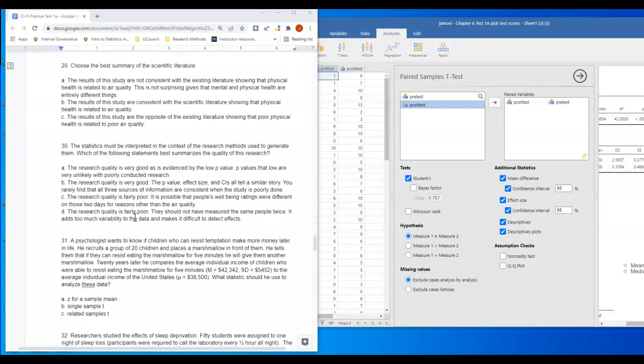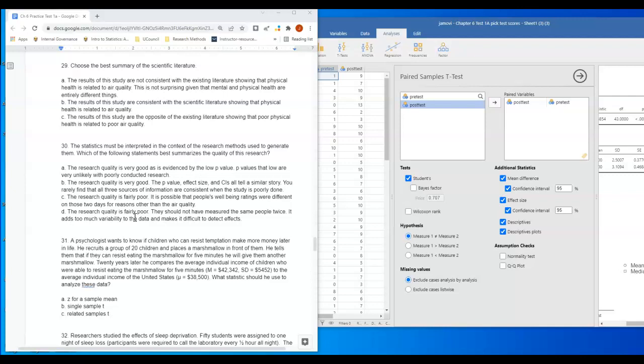All right. Number 30, we need to interpret our statistics in the context of the research methods used to generate them. So which one of the following statements best summarizes the quality of the research? Again, I know you haven't taken research methods probably, but you should be able to figure out the right answer by reading all of these carefully. A, the research quality is very good as evidenced by the low p-value.